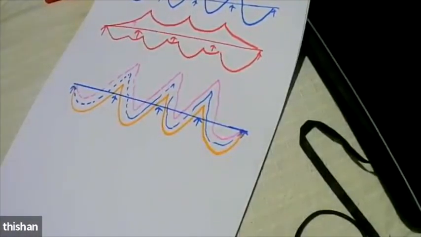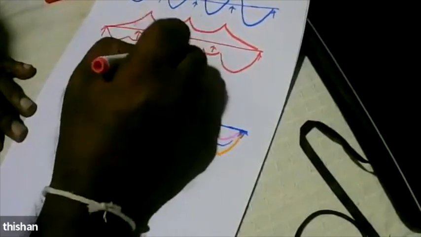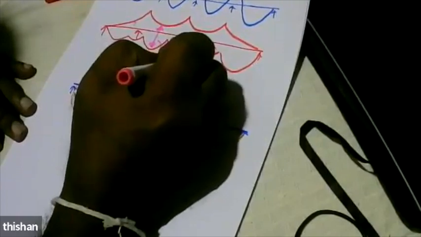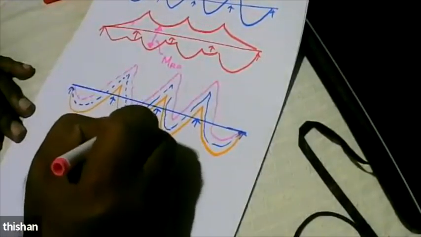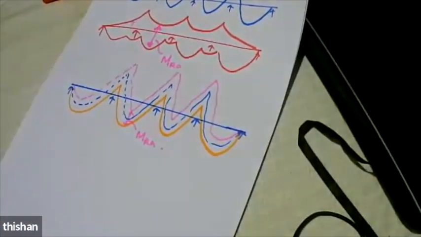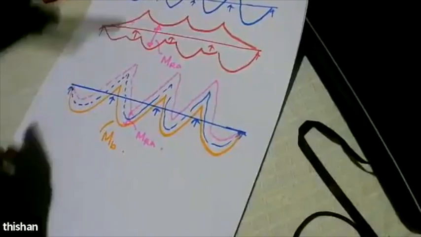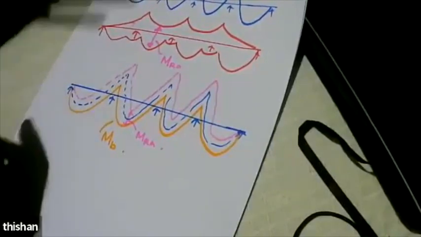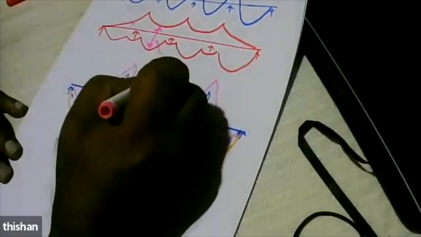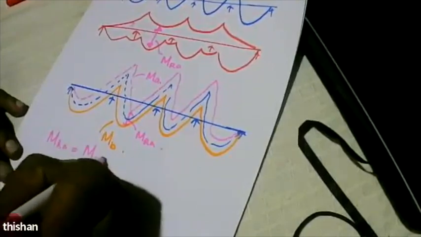Like that. And if the range here is MR, the same location here is also MR. So basically we can define a maximum moment MB, a minimum moment MA, and the range M range is equal to MB minus MA.